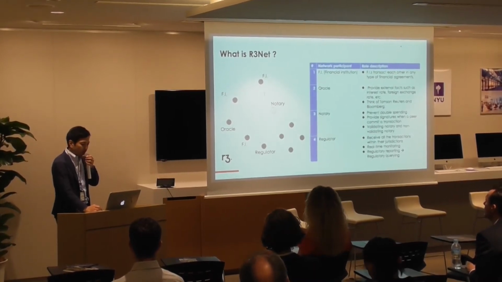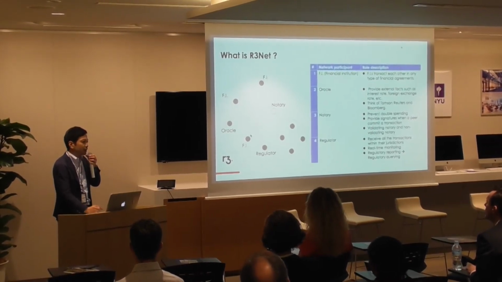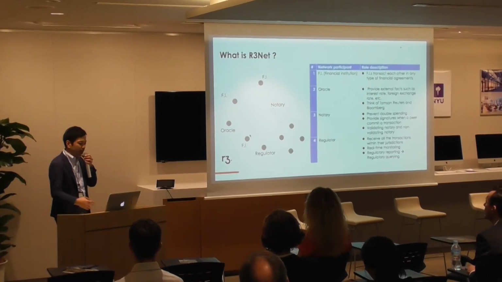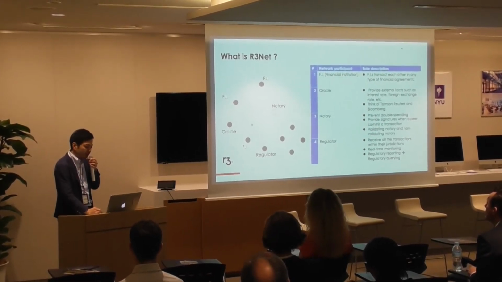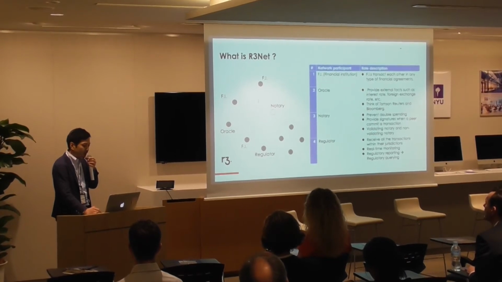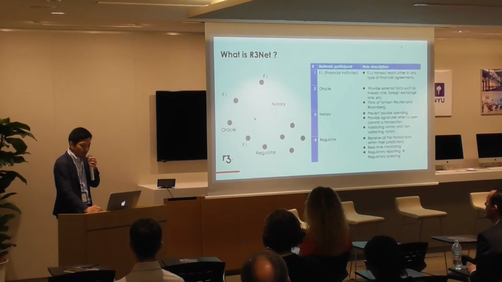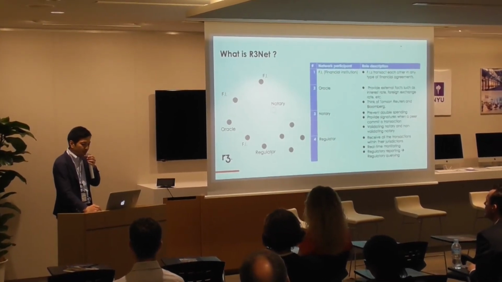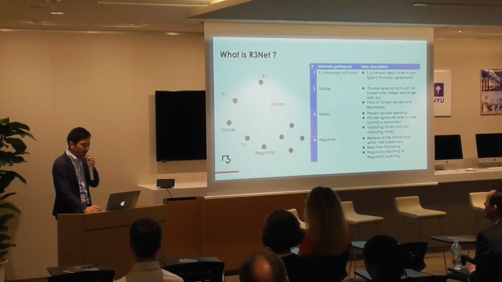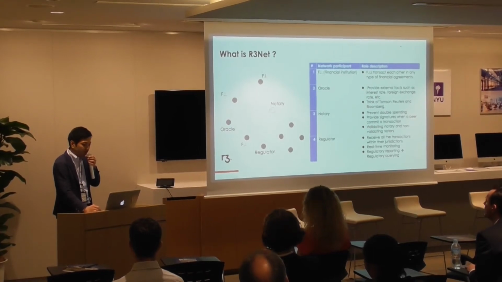So in R3net we don't share data like other blockchains. We just save data between the parties involved in the transactions. But only the regulator can see the whole transaction in R3net.